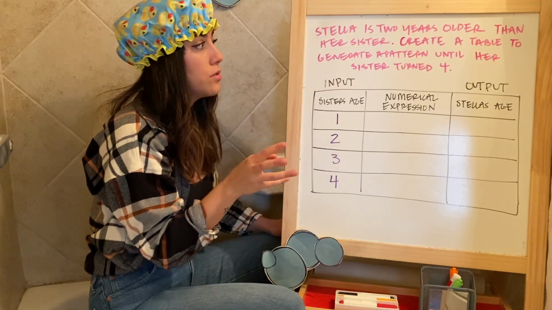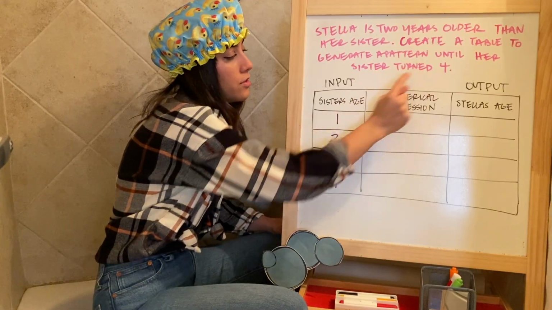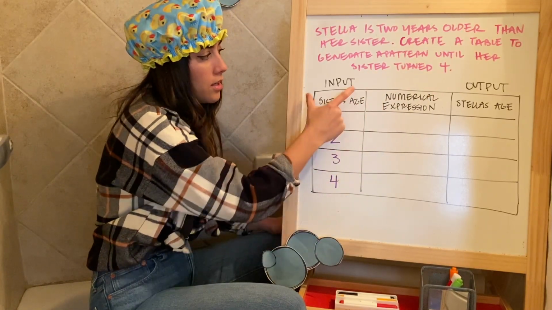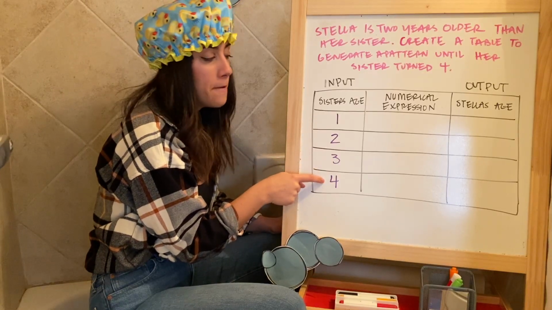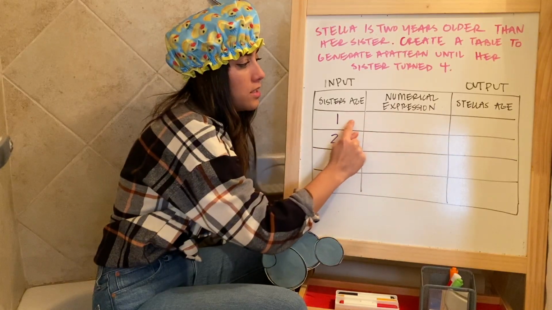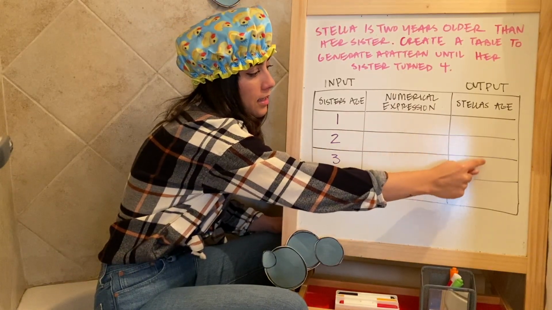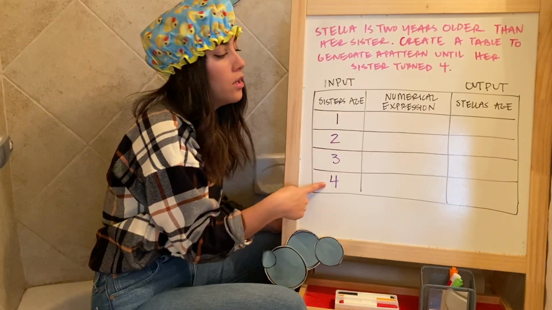We need to figure out how old she is. Create a table to generate a pattern until her sister turned 4. So her younger sister is the input. So her sister is 1, 2, 3, and 4, right? Stella is 2 years older, so we need to figure out how old Stella is while her sister is 1 year old, 2 years old, 3 years old, and 4 years old, right?